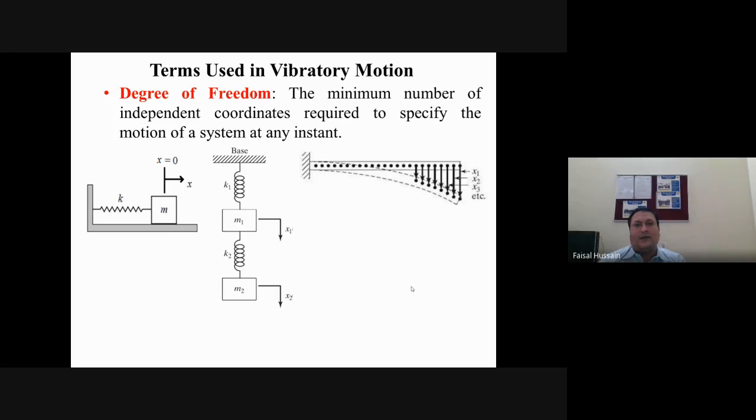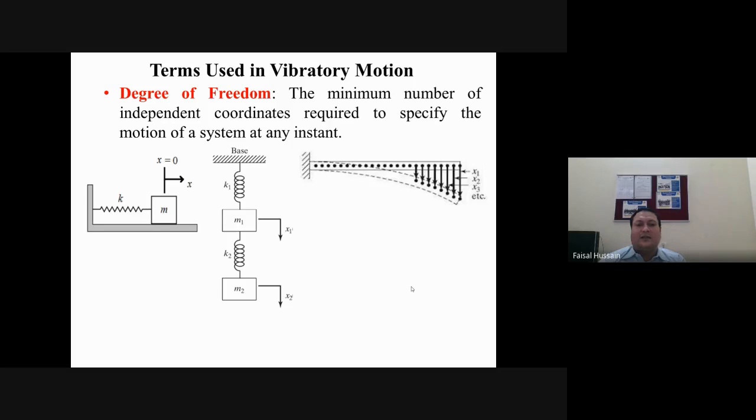Here, the degree of freedom means the displacement. How many displacements are developed in a system. So technically, the minimum number of independent coordinates required to specify the motion of a system at any instant is termed as degree of freedom.